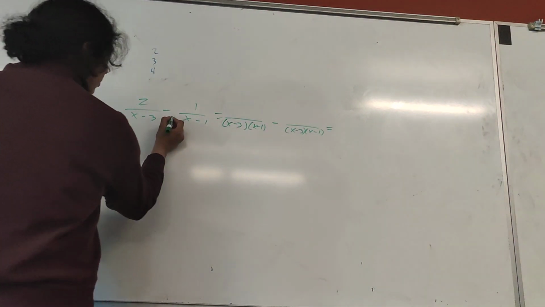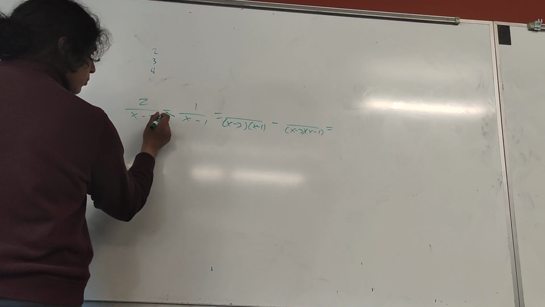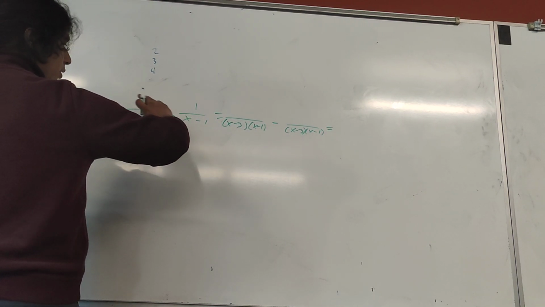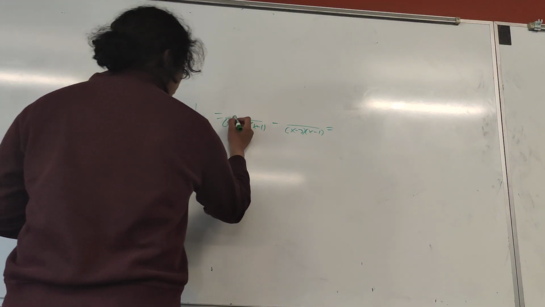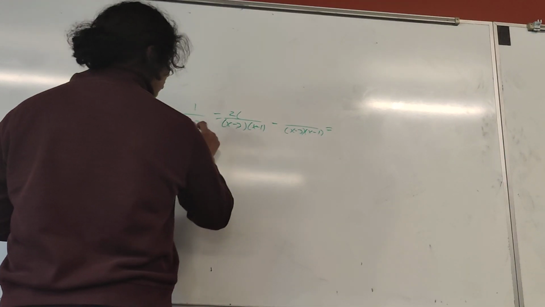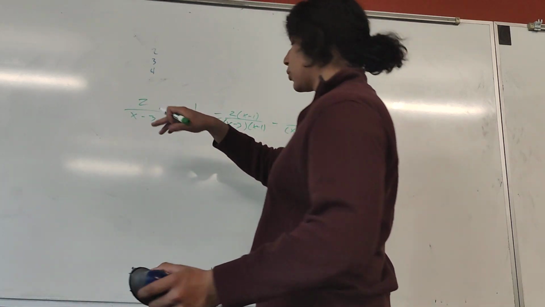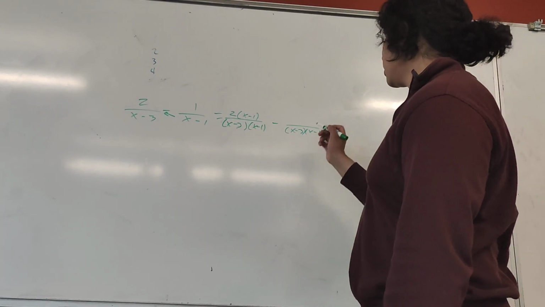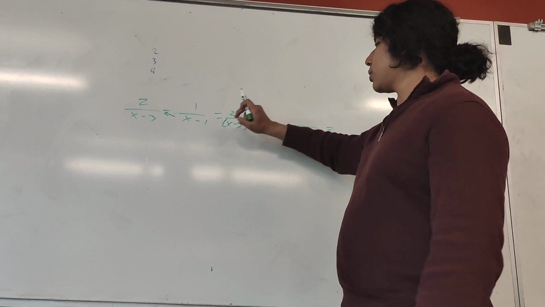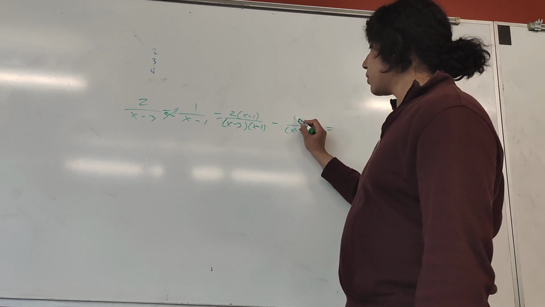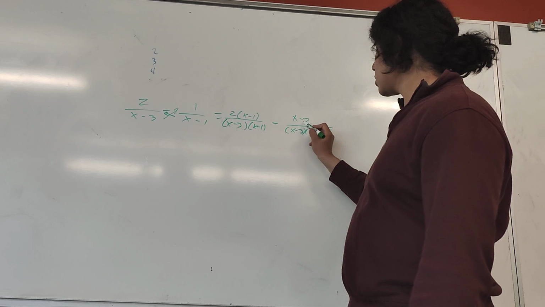And since we're doing the butterfly method to multiply fractions, you're multiplying diagonally now. So this would be 2 times x minus 1 of this. And here, since we have 1, you don't have to write down the 1. And you can multiply diagonally this side. So you're going to be left with the x minus 3.